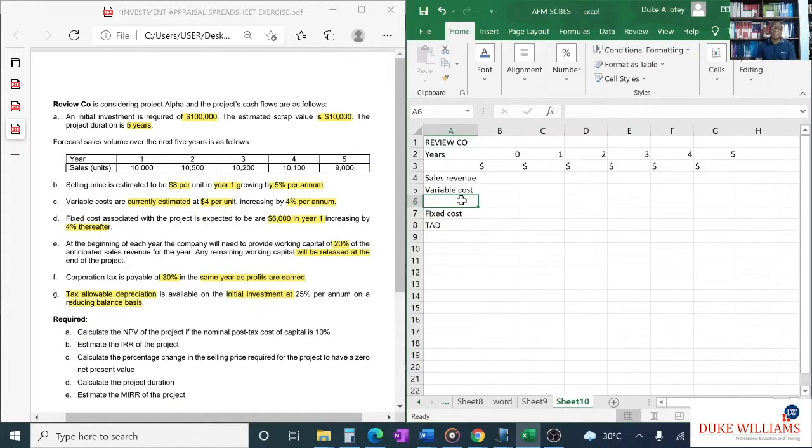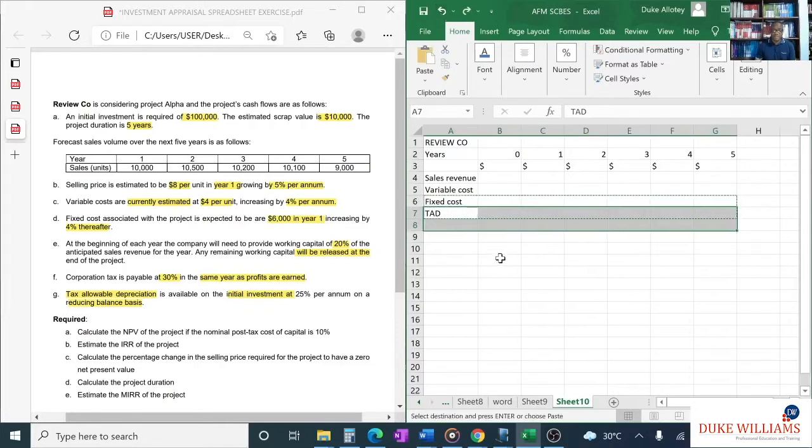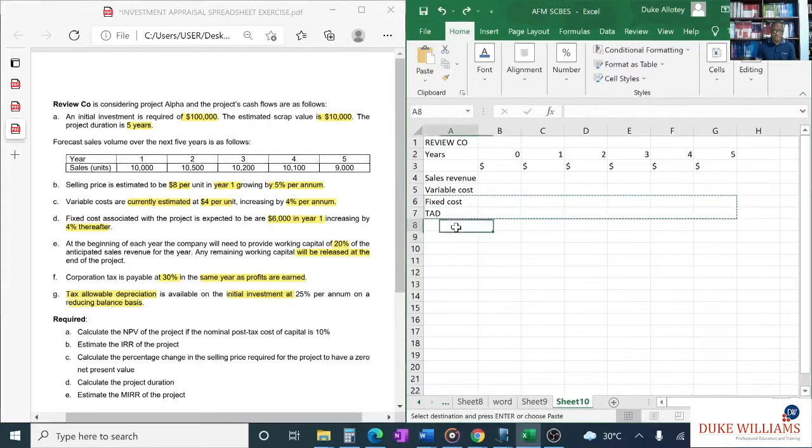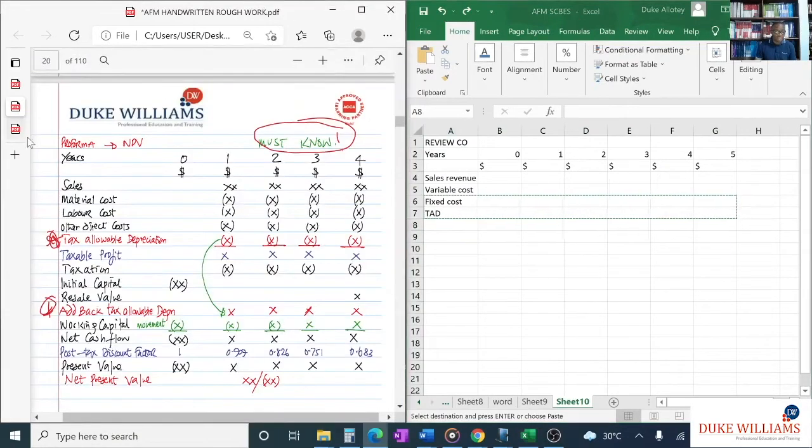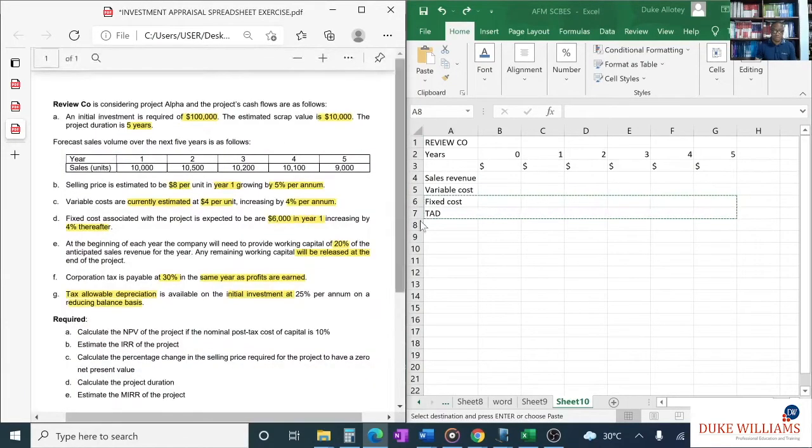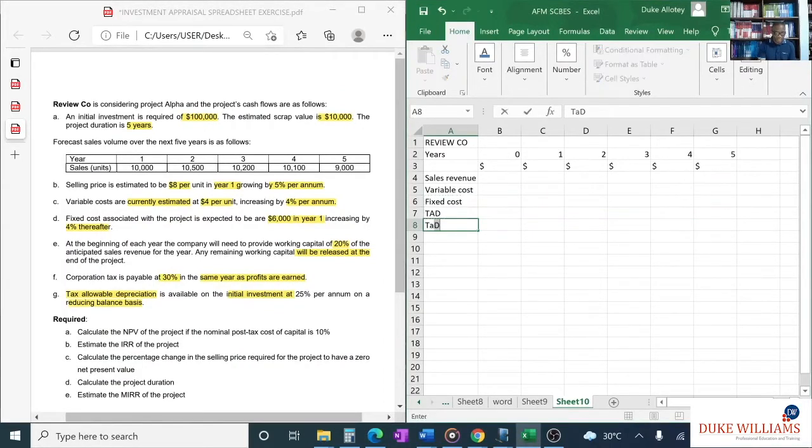You cannot insert a space or a cell in there. Where you miss something, you just have to cut and put it one step down. So looking at the schedule, we have taxable profits, the tax, and then we add back that and so on and so forth. So it is something you need to get your head around.